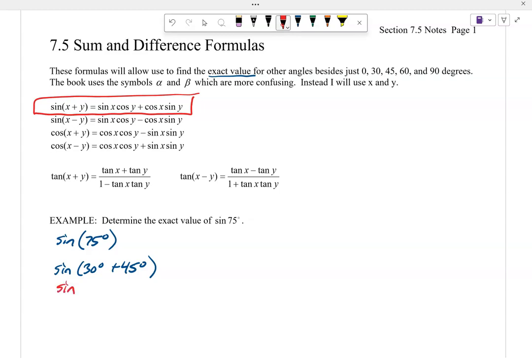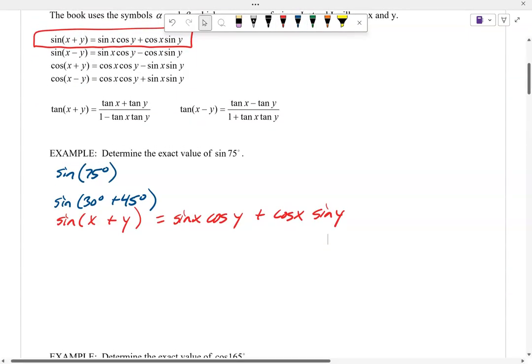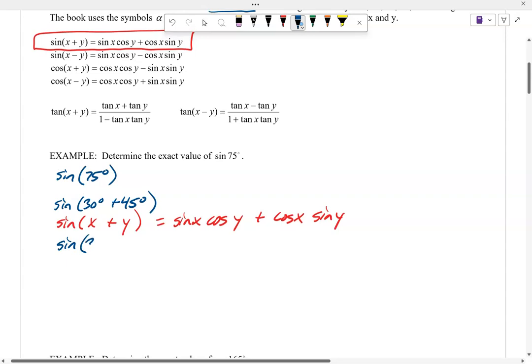You can have alphas and betas or x plus y. Sine of x plus y is sine x, cosine y, plus cosine x, sine y. And so the sine of 75 degrees, which is the exact same thing as 30 degrees plus 45 degrees, notice our x is the 30 and our y is our 45.